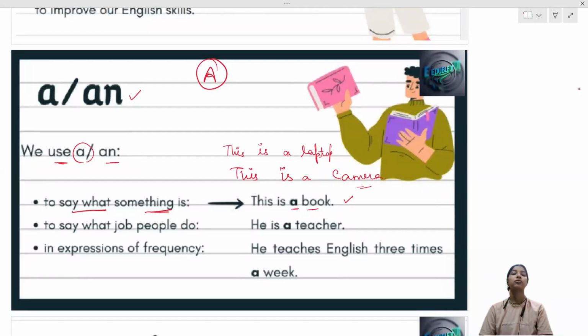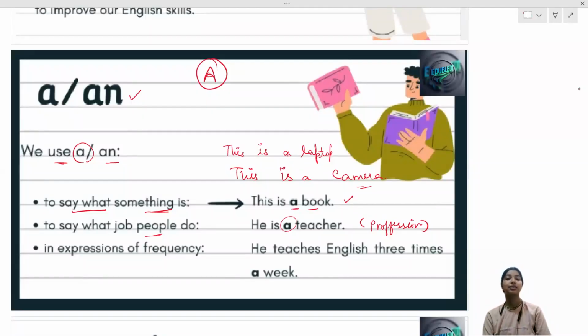So whatever I'm talking about, what something is, there we put a. Next is to say what job people do, what profession they are in. Let's say he is a teacher. So telling someone's profession, what they are doing, there we can use the article a.